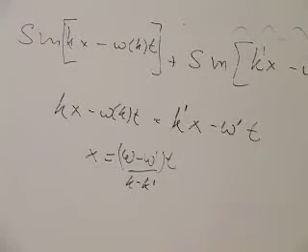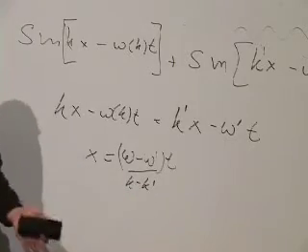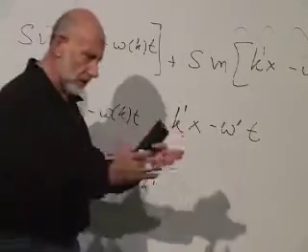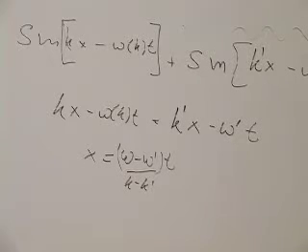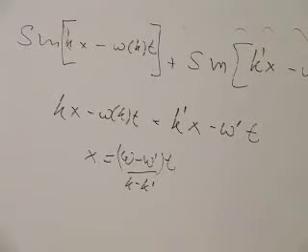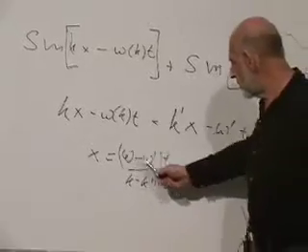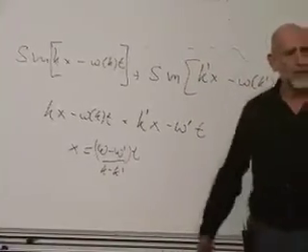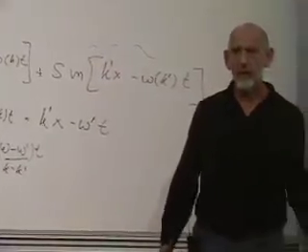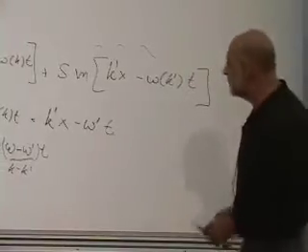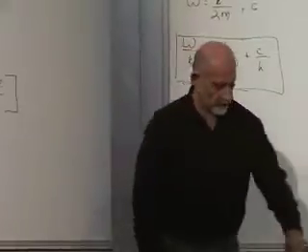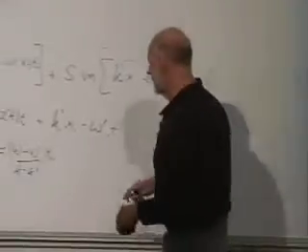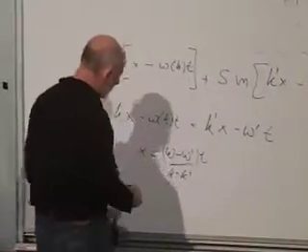And now assume that k and k prime are very close to each other, just for simplicity. Let's imagine that they only differ by a very small fractional amount. Then what is omega minus omega prime over k minus k prime? It's the derivative of omega with respect to k, if omega and omega prime are near each other.